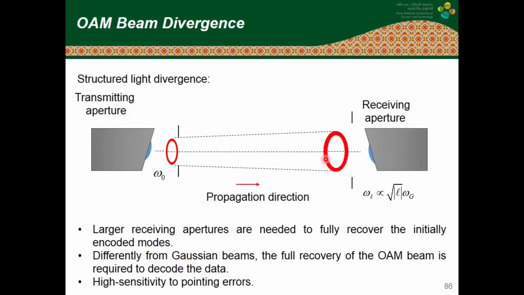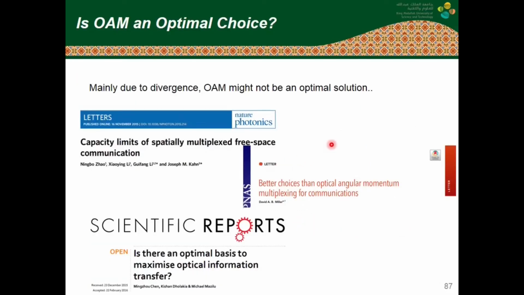But for an OAM beam, you need to fully recover your beam of light, which makes OAM beams very sensitive to pointing error as well. The problem of the divergence of OAM raised a lot of questions in many papers on whether the use of OAM is optimal or not.